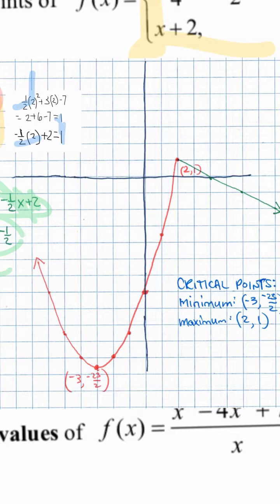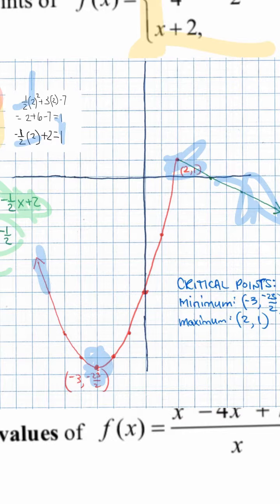So you can see this is the point where the two functions meet, this 2, 1, and that's definitely a critical point. Then we also had the minimum of that function on the left. Turns out it is a minimum, so that's another important critical point. There were no critical points on this line, and this end's just going to keep going towards infinity.